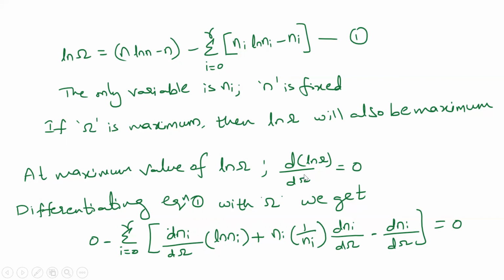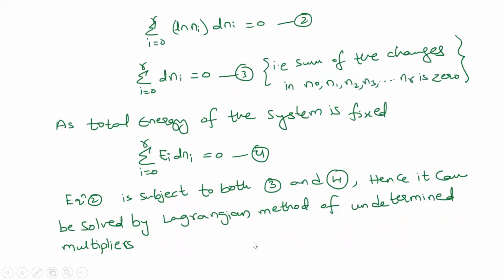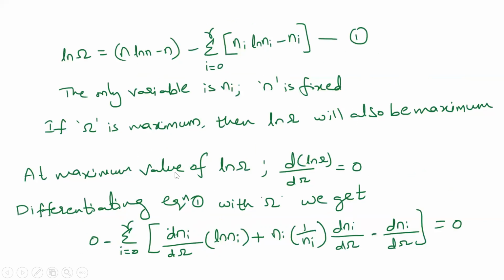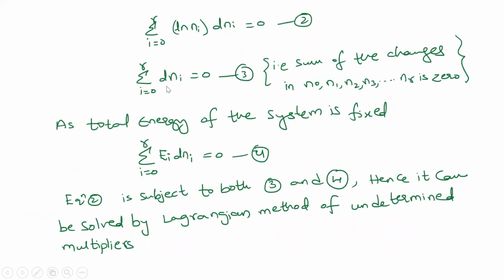Therefore, when we differentiate ln omega, we get the condition for Ni. When we do that, we get this particular condition here.